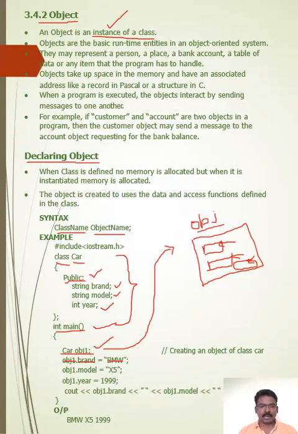So object1.brand goes to the memory named object1. In that it accesses the data member brand, and to that it assigns BMW. Then object1.model: it accesses the model field of object1 and places X5 here.